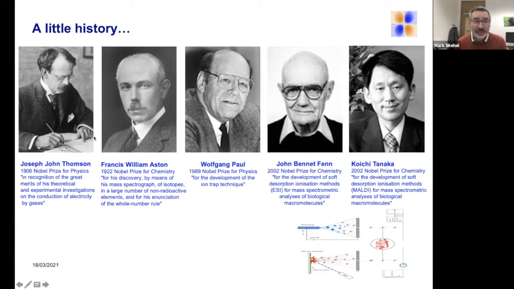Between these guys, out of their lab, there were 7 Nobel Prizes between 1897 and the 1930s. A hugely productive era in mass spec. And then moving on, Wolfgang Paul, who developed the ion trap in the 60s, was awarded the prize in 89. And then more recently, John Fenn and Koichi Tanaka for their methods of ionization, electrospray and MALDI.